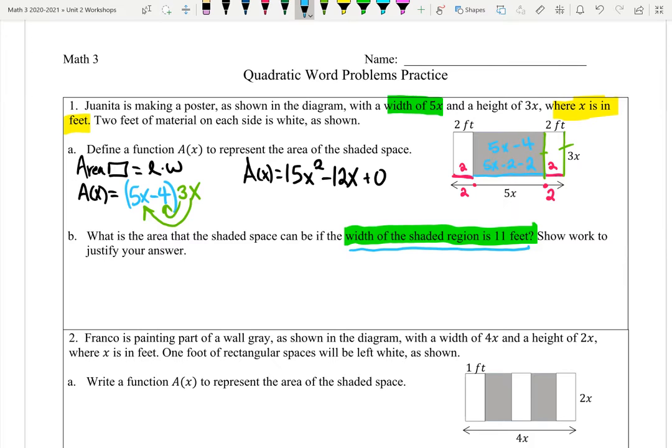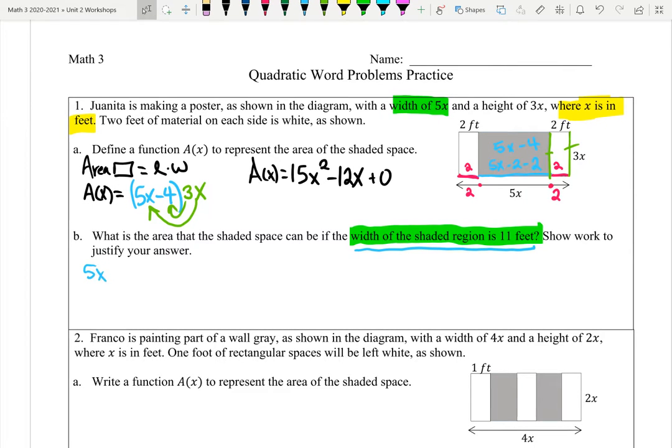So, what I'm going to do is let 5x minus 4, the width of the shaded region, be equal to 11. I'm going to use inverse operations. I'm going to result in 5x equals 15.